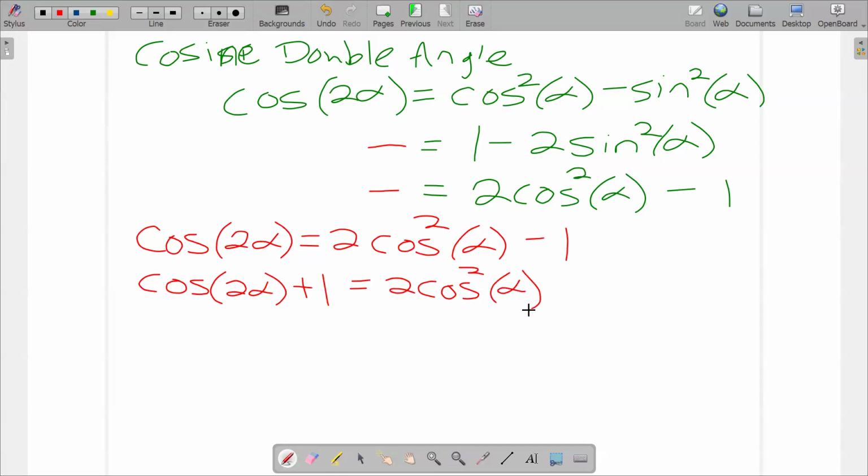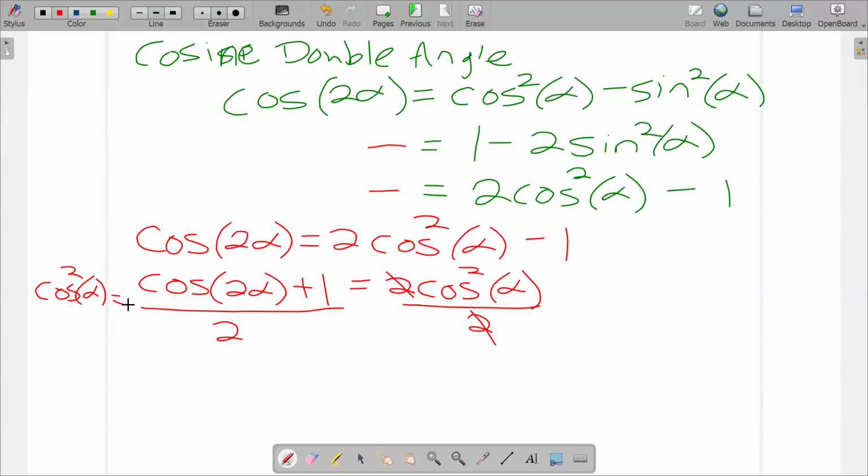And then I can divide both sides by 2. And so what I have is that the cosine squared of alpha is equal to this fraction where we have cosine of 2 alpha plus 1 and then divided by 2.